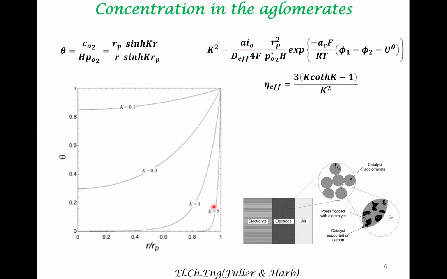With this, we can define the effectiveness of a catalyst particle. This expression would also make intuitive sense if you look at the series expansion for hyperbolic cotangent functions. Those are expanded in this manner.